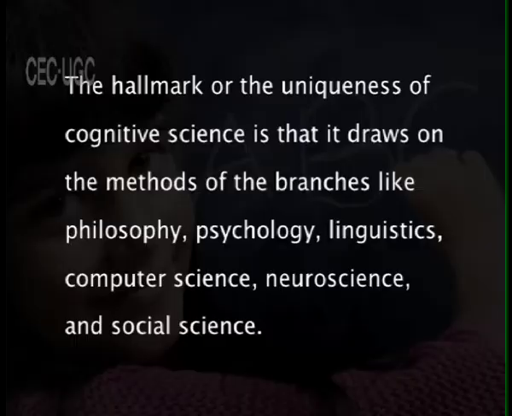A large body of research in cognition exists in which simple techniques have been used to understand the mechanisms underlying learning, retention, and transfer. The hallmark or the uniqueness of cognitive science is that it draws on the methods of branches like philosophy, psychology, linguistics, computer science, neuroscience, and social science.